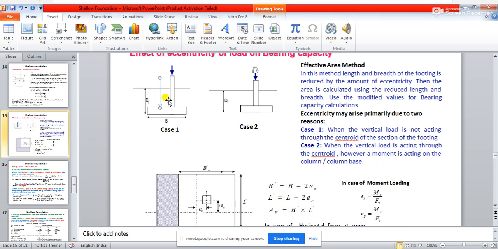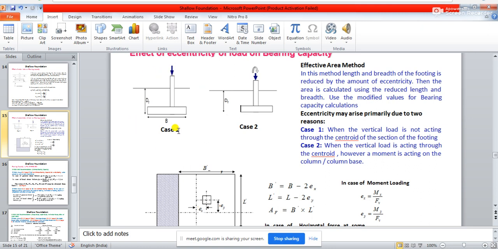So, this is the amount of eccentricity you are introducing into a footing, from here to here. From the centroid level, the amount by which the column is shifted, and the point of action of the vertical load is shifted, will be considered as eccentricity. So, this is case number 1.